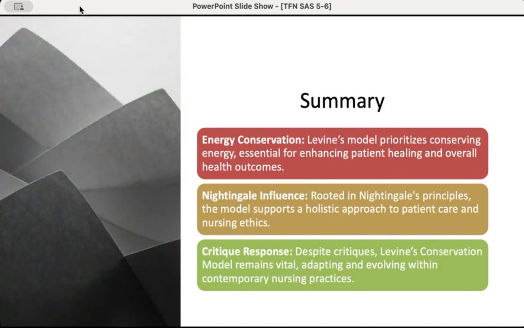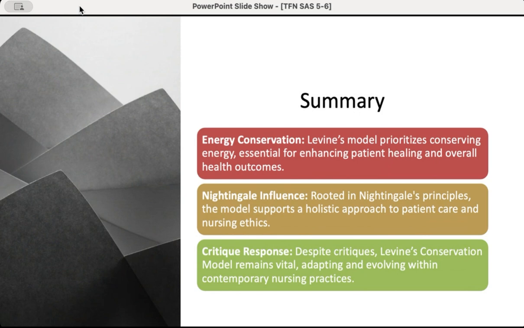And to summarize, we have the energy conservation of its model, prioritizing conserving energy, essential for enhancing patient healing and overall health outcomes. And it's being influenced by Nightingale because the model supports a holistic approach to patient care and nursing ethics. And of course, its critique responses: despite the critiques, the conservation model of Levine still remains adaptable and evolving within contemporary nursing practice.